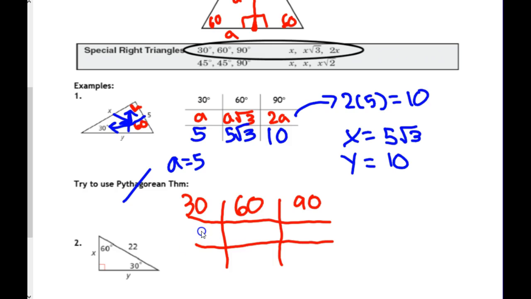A, and then A square root of 3, and then 2A. And by the way, I'll give you that information on a formula chart. You just have to know how to use it, right? So which side do we have?